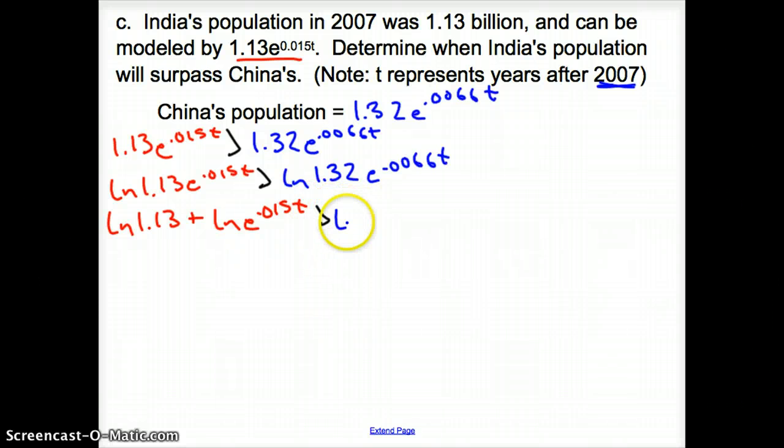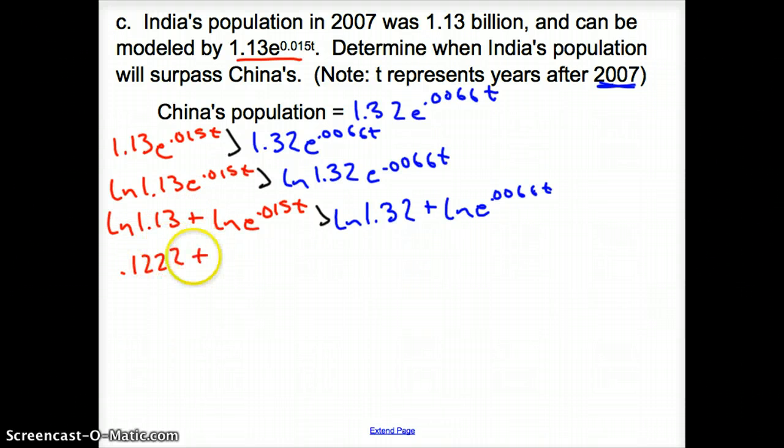So we have the natural log of 1.32 plus the natural log of e to the power of 0.0066t. The natural log of 1.13 turns into 0.1222 plus, now we bring down the 0.015t.